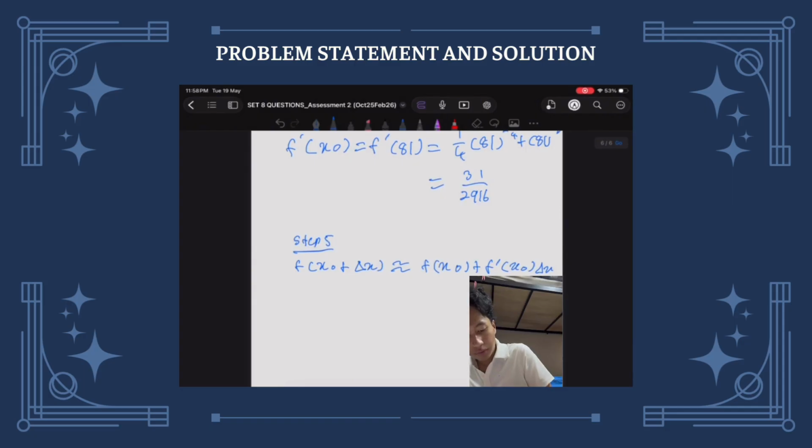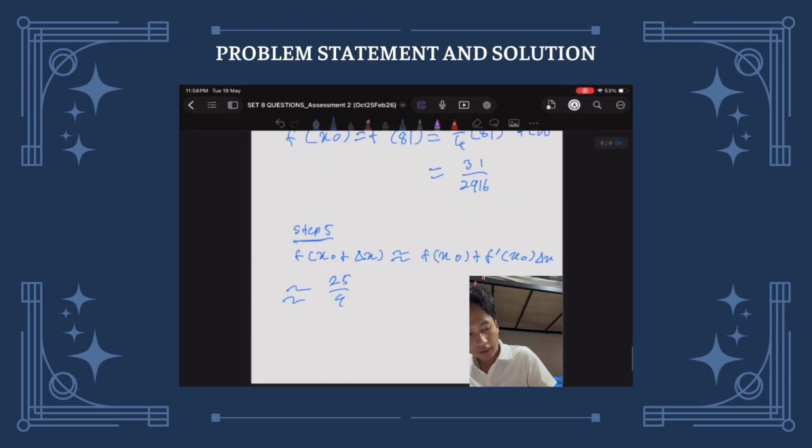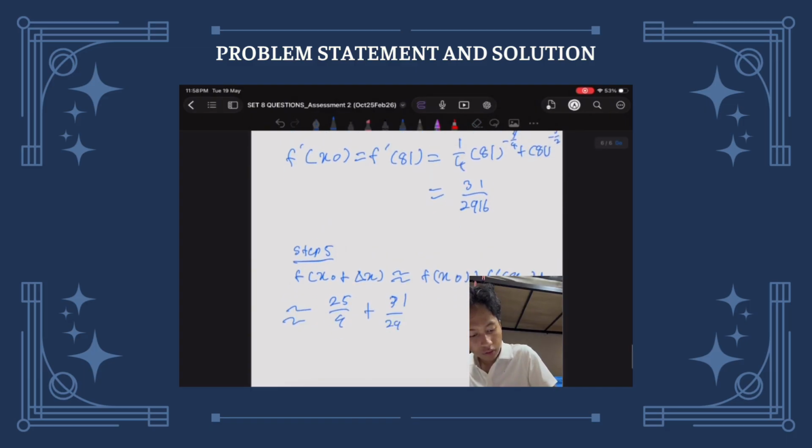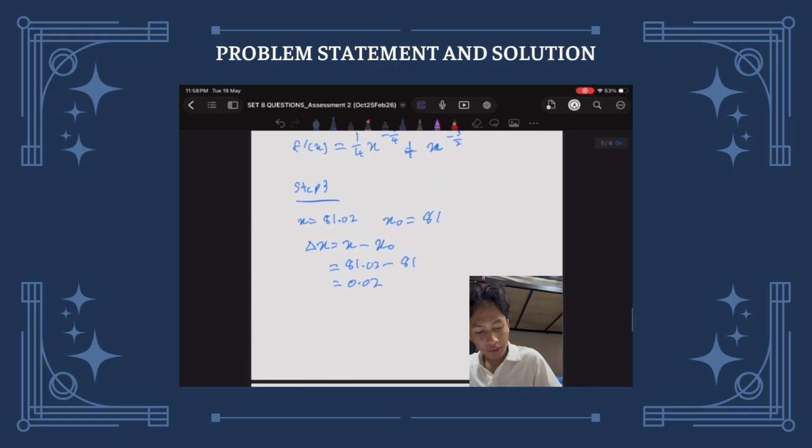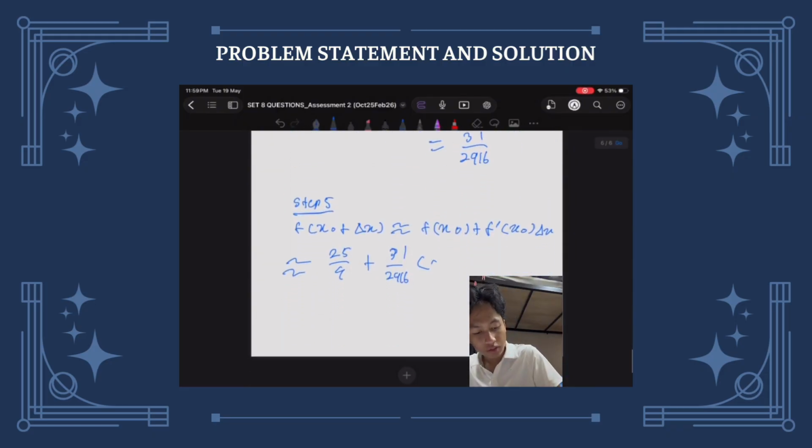So 25 over 9 plus 31 over 2916, we multiply by 0.02 from step 3, and we get 25 over 9 plus 31 over 2916 times 0.02, and we get 2.77 and so on.